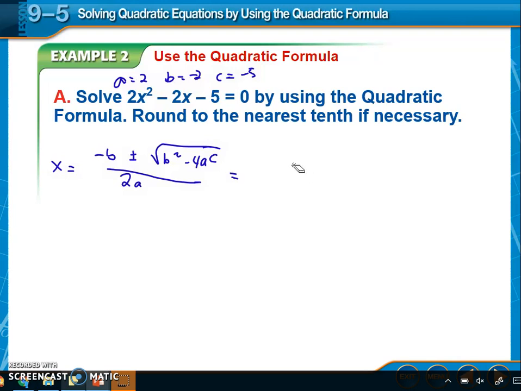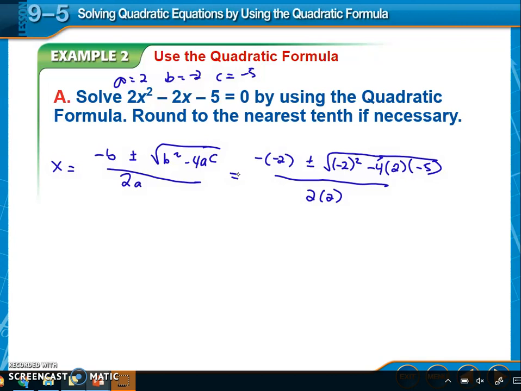So putting in negative 2 for b, I get negative 2 plus or minus the square root of negative 2 squared minus 4 times a is 2, and times c is negative 5. And then this whole thing divided by 2 times a, which is 2.